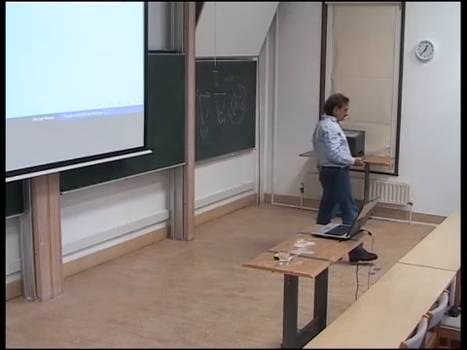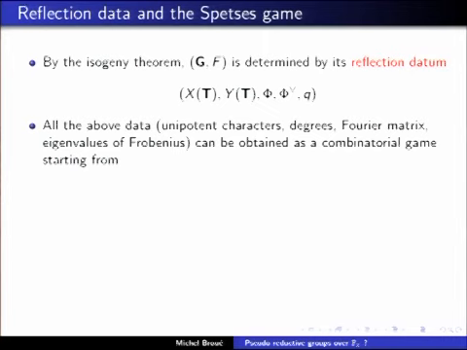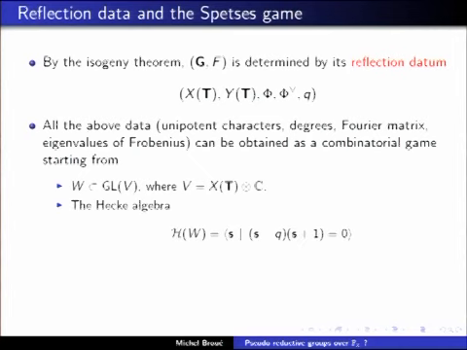The point is that all the above data, the set of unipotent characters, the degrees, the Fourier matrix, the eigenvalues of Frobenius, the set of unipotent character sheaves, etc., depend actually not even on the root datum, they depend only on the tensorization by C of the root datum. They depend only on the underlying vector space on which the group acts, and the action of the group. That's all. The Hecke algebra will come later.